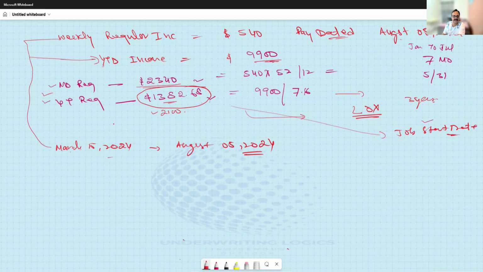Initially we can ask the borrower, or it might be given in the loan application. Sometimes in the pay stub there will be a job start date given. So if we now have the job start date and it shows the job started in 2020.